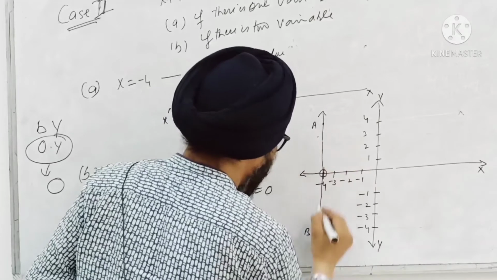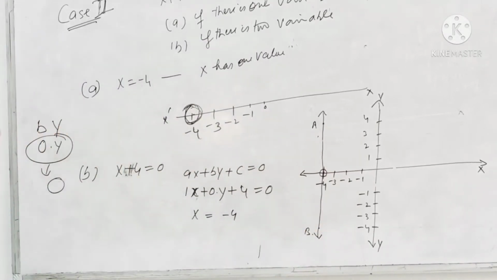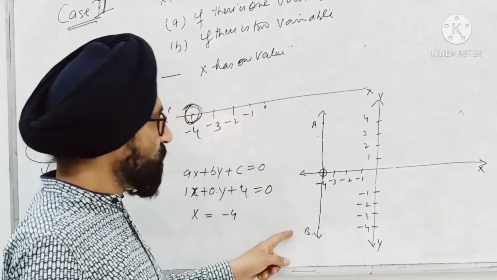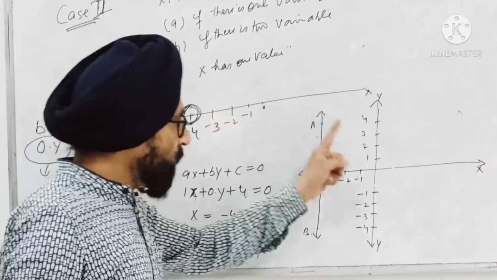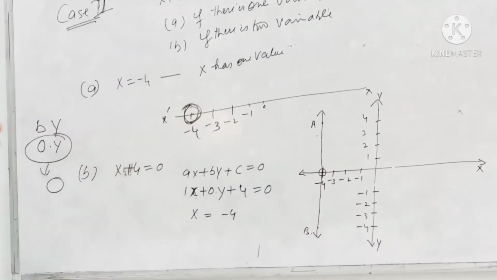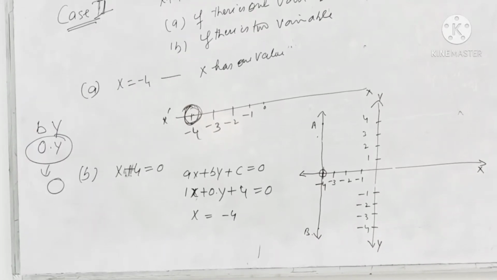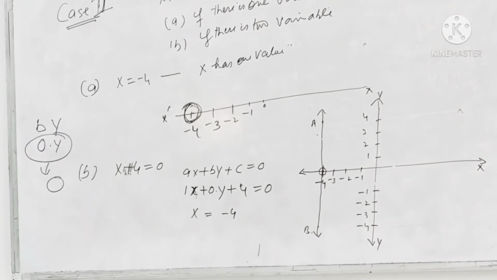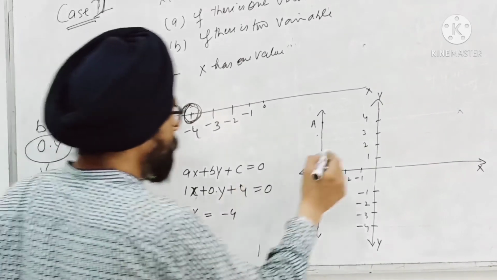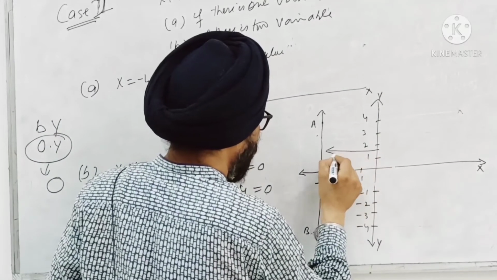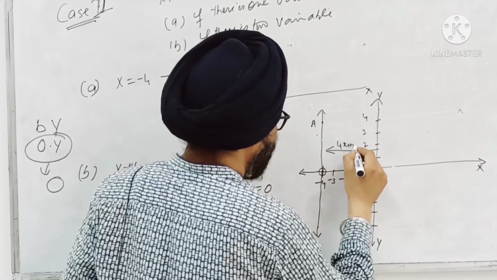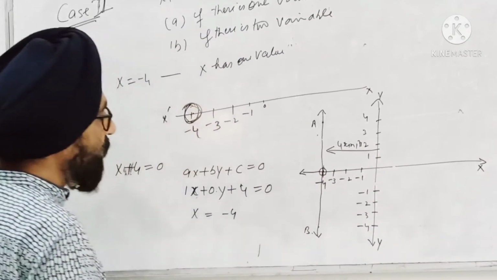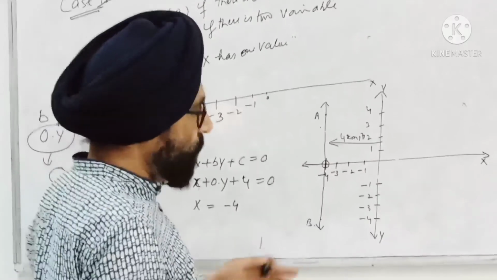Assume that AB is a line parallel to the y-axis at a distance of 4 units to the left of the y-axis.